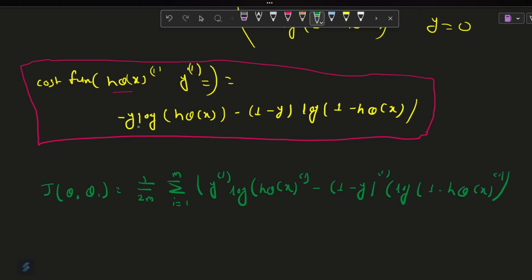This is the cost function for logistic regression. I hope that simple concept is clear.